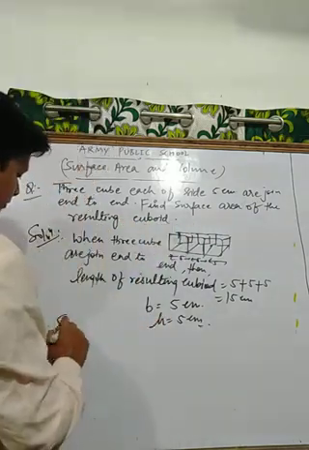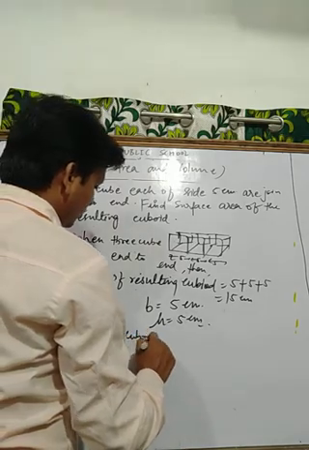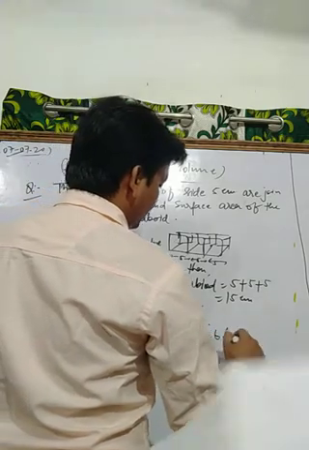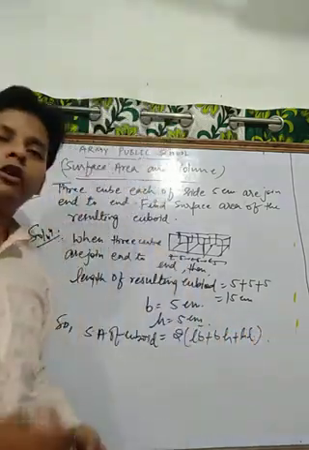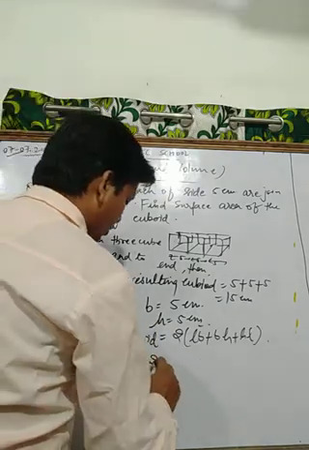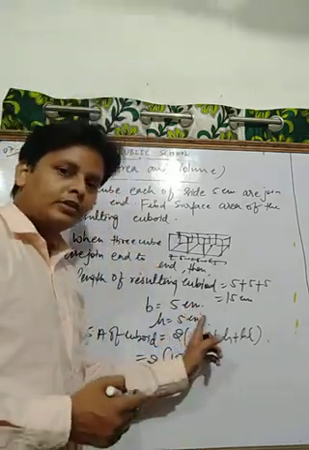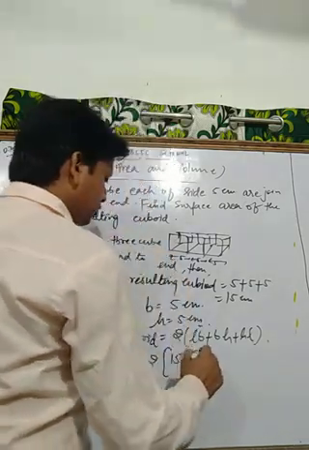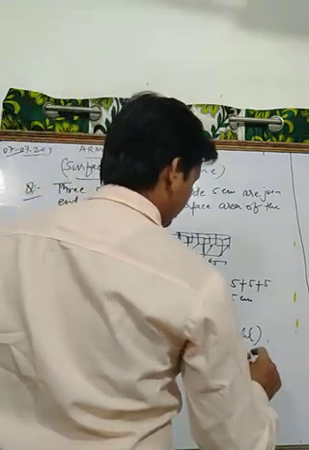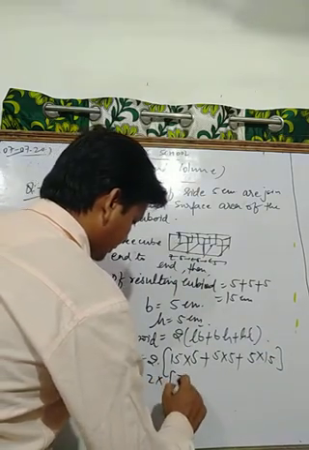So the surface area of a cuboid is what? 2 into length into breadth plus breadth into height plus height into length. This is the formula for the surface area of the cuboid. So we get 2 into length into breadth. Length is 15, breadth is 5, yes, 15 into 5, which is 75, plus breadth into height, that is 5 into 5, which is 25, plus height into length, that is 5 into 15, which is 75.